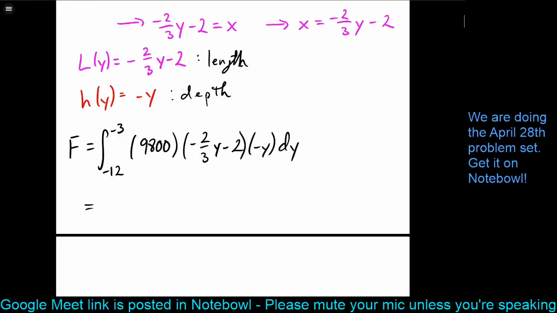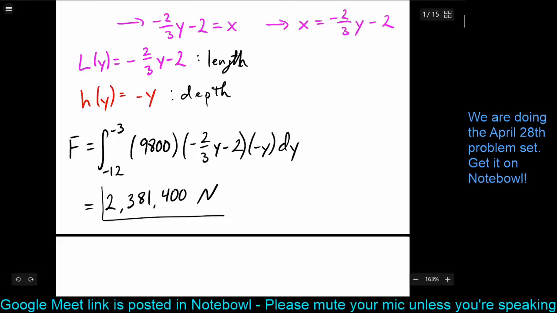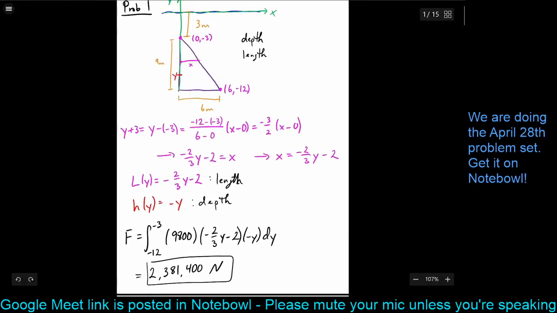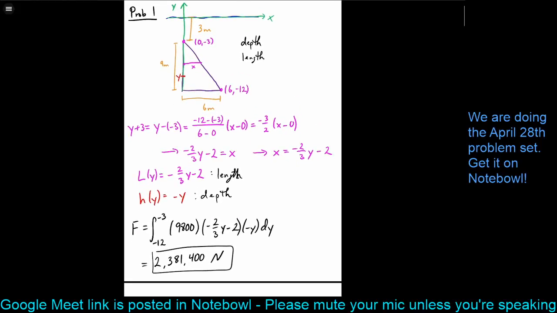And this is going to be equal to 2,381,400 newtons. This force is in newtons here. And that's that. So for a relatively simple shape, we get something like this.